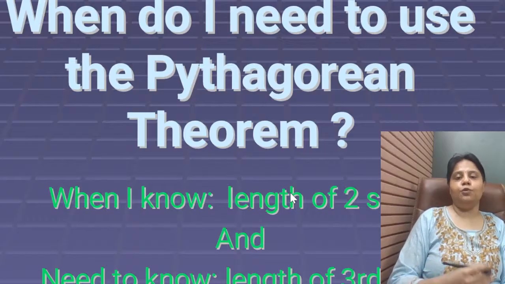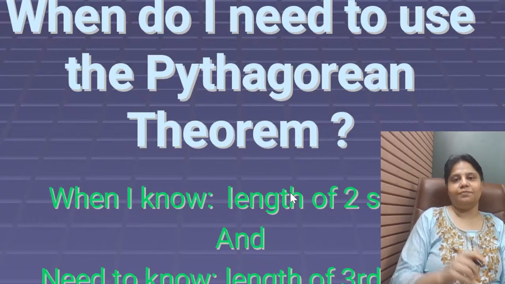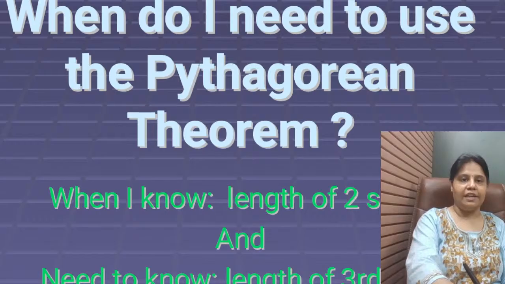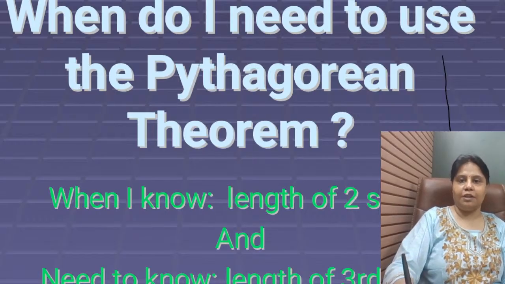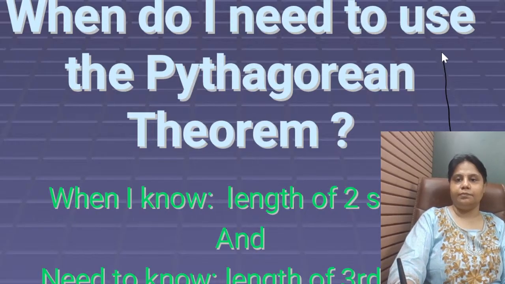Now, when do I need to use the Pythagorean theorem? Suppose this is a right triangle.